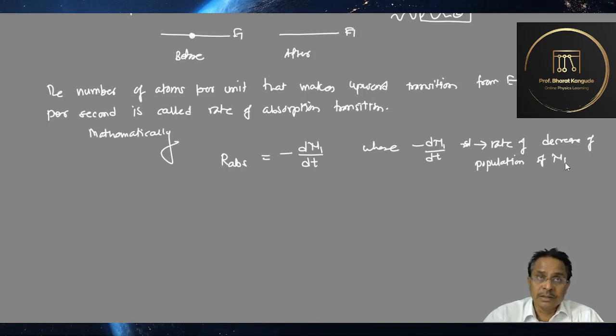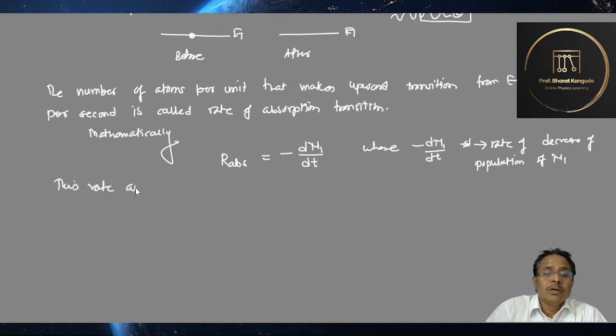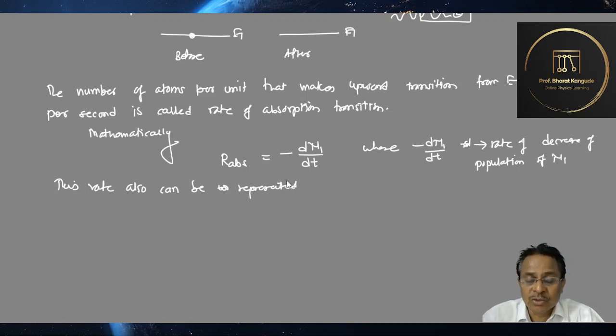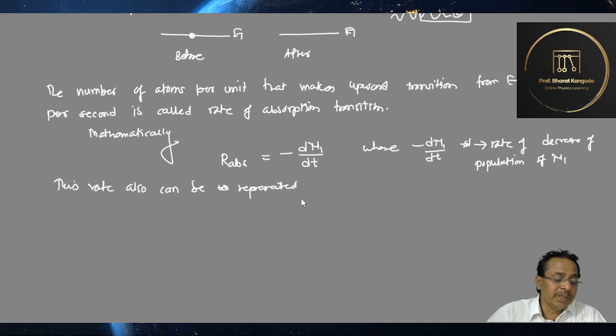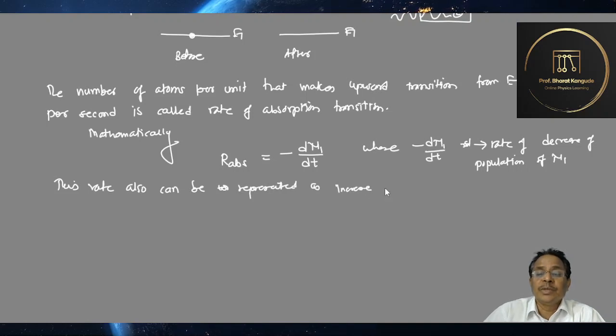Another way to express the same rate: whatever decrease occurs in the population of level 1 will be an increase in the population of level 2, because the atoms leave the E1 state and move to the E2 state. So the same rate can be represented in terms of the increase in population of E2, that is, in terms of N2.